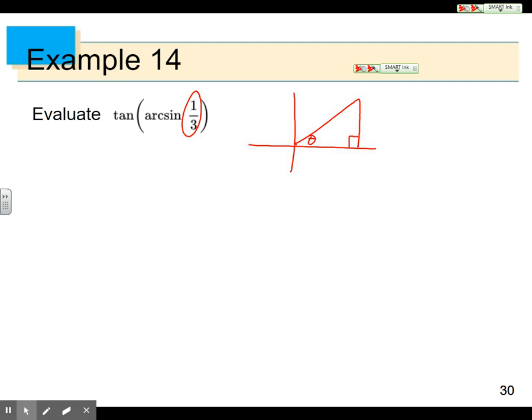Where this is going to be my theta right here. So I'm going to make it so all this parenthesis part is my theta. And what it tells me about this triangle is that the opposite over the hypotenuse side is going to be 1 over 3. Using Pythagorean theorem, that tells me that this side has to be 2 square roots of 2.